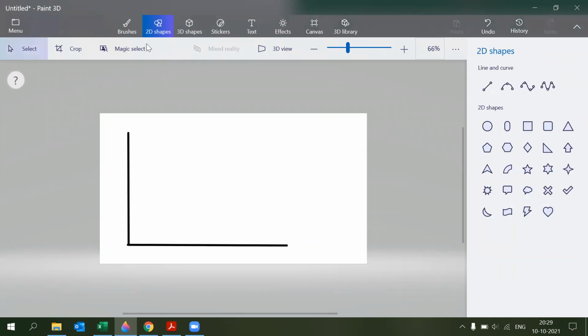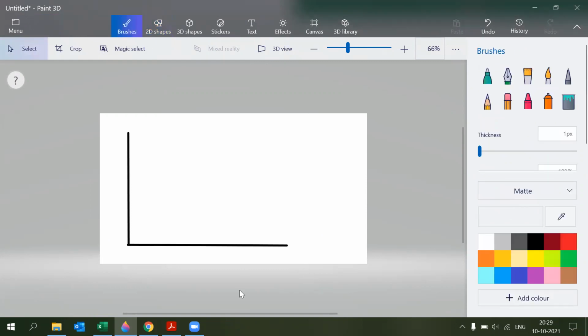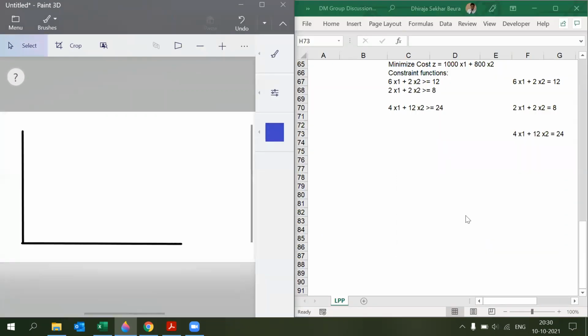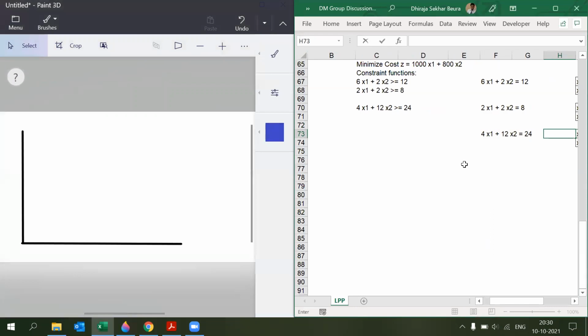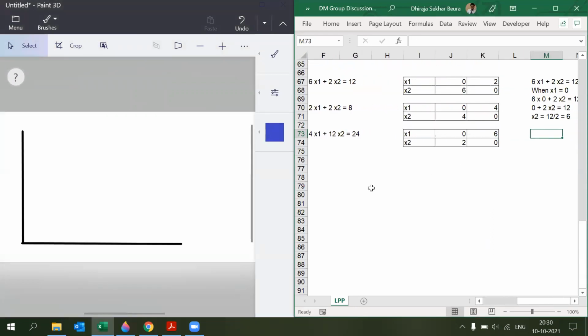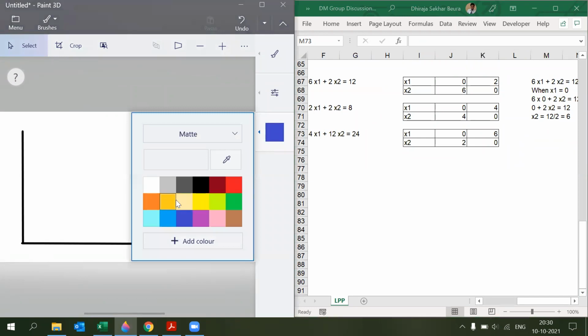Now, the lines that we have is somewhere around here. So we have 2, 6, 4. Let me take 1, 2, 3, 4 like that only. Let me change the color so that I can see it clearly.